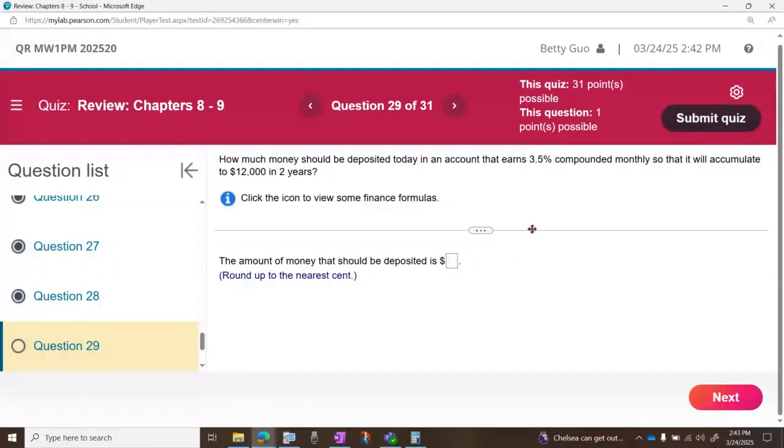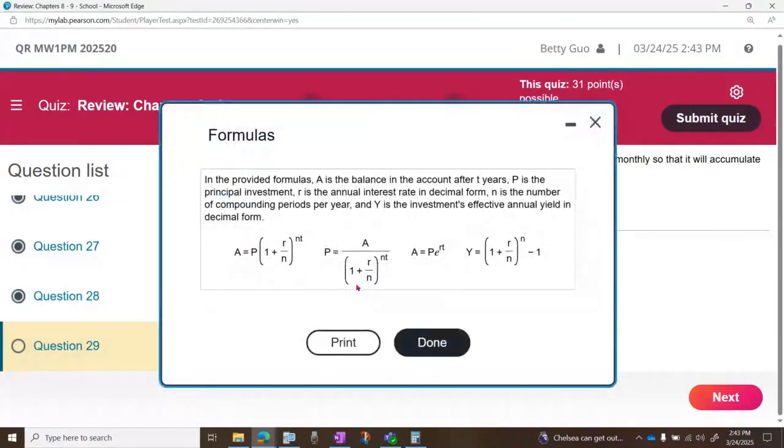Number 29. How much money should be deposited today in an account that earns 3.5% compounded monthly, such that it will accumulate 12,000 in 2 years? Compounded monthly. So you can use the second formula, because this time the future value is given.